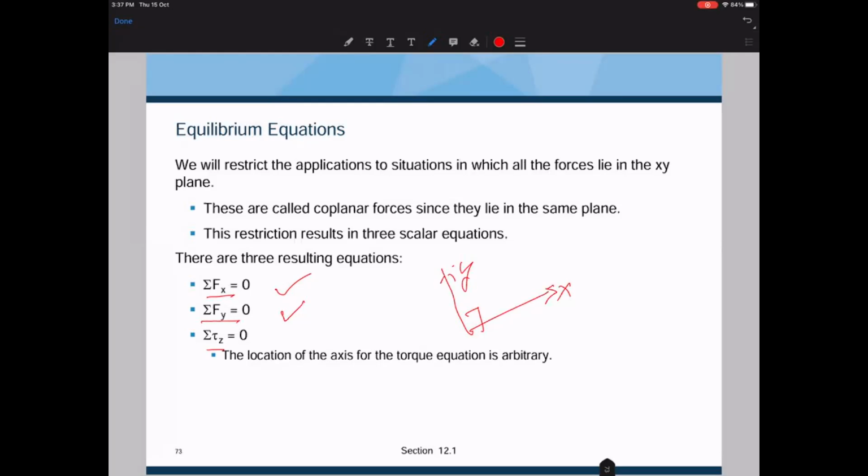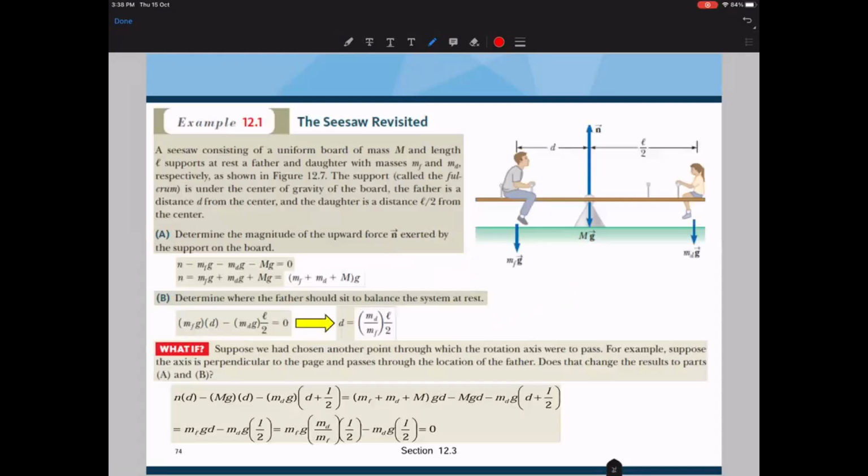So the net torque about any axis Z, let us say it comes out of the plane, any net torque about this axis Z has to be equal to 0. We have seen a couple of examples in the lecture notes by considering how the systems satisfy these three conditions, namely force in one direction equal to 0, and the force in the perpendicular direction in the plane also equal to 0.